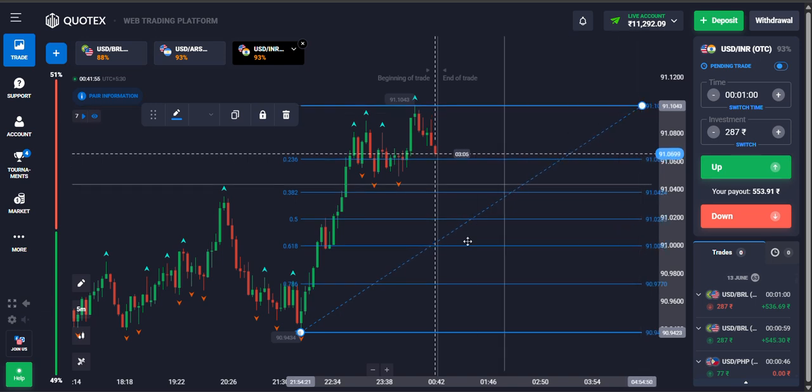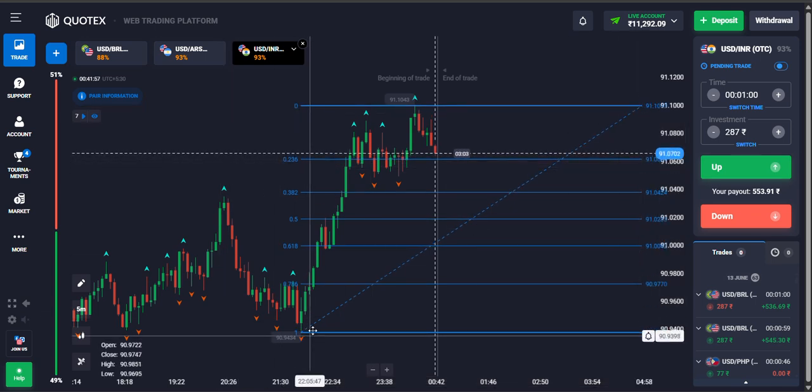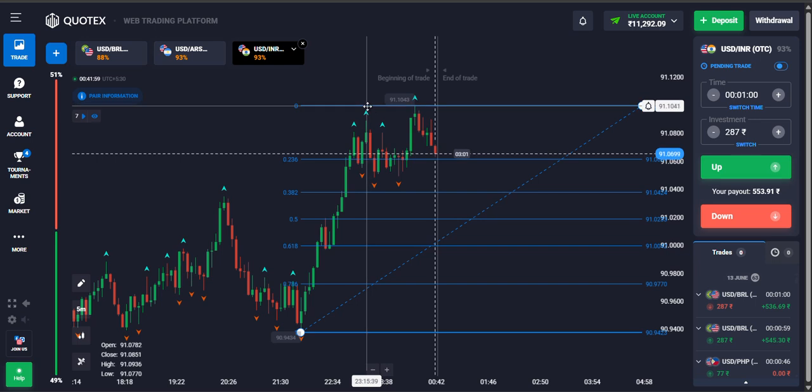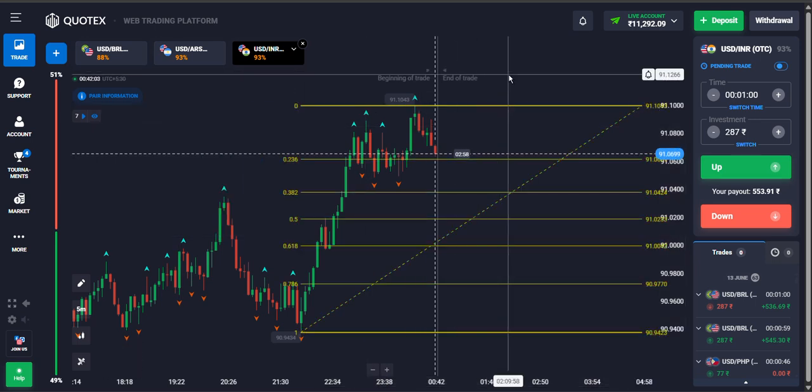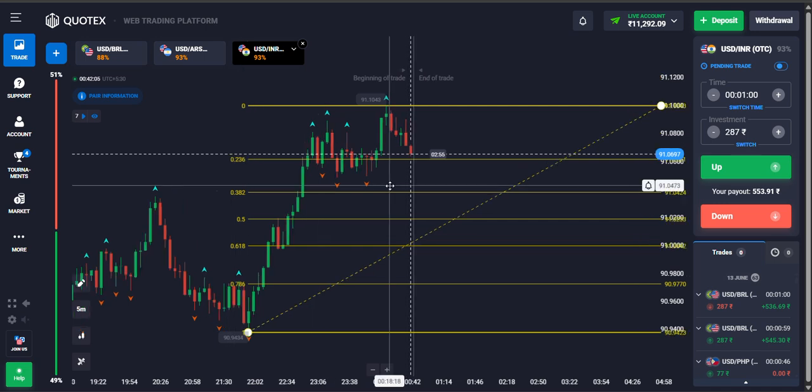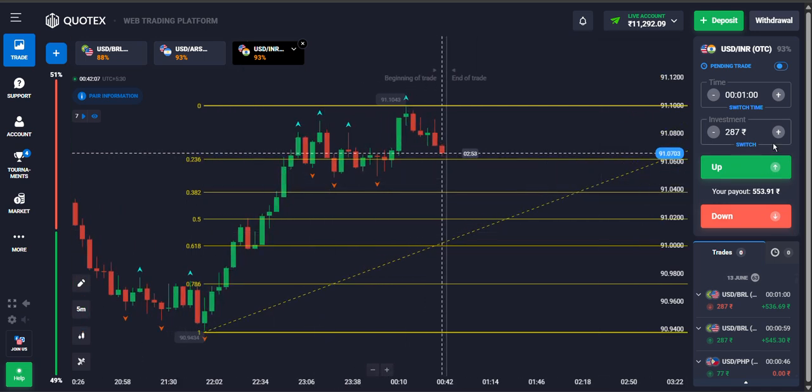If you want to take the trade in a 1 minute time frame, draw it in a 1 minute time frame. So I've drawn my levels and I'm locking it. Okay, and I've got a win. So I'll up my chances from 536. So I've gone to 536. So 537 should be a good trade.